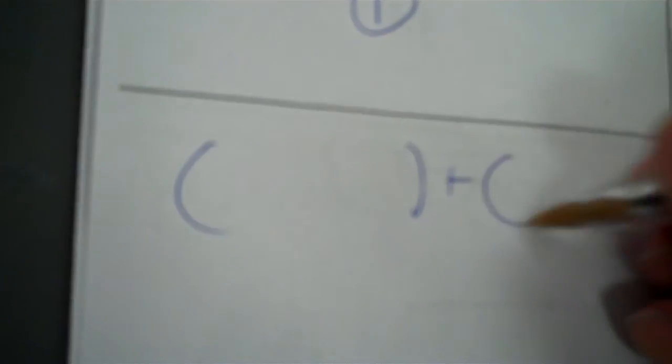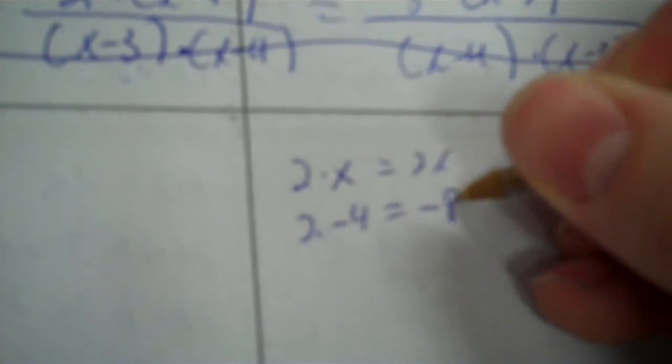Get them out. So you line up your equals, you put a parentheses for the top of each fraction that you see. Here's just a 5. You take 2 times x, 2 times negative 4. It's going to be 2x minus 8. 5 times x, 5 times negative 3.